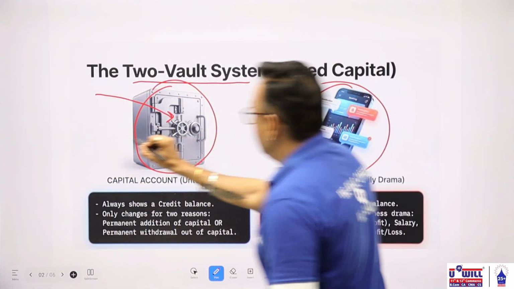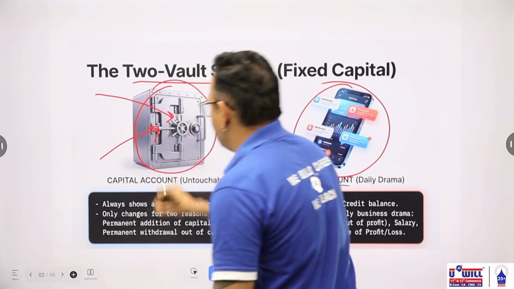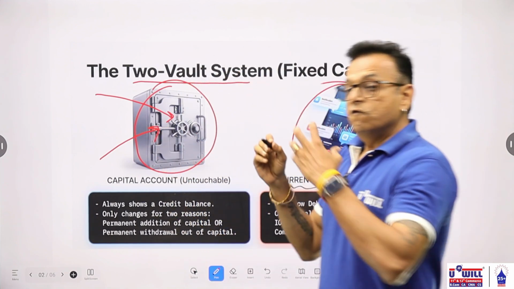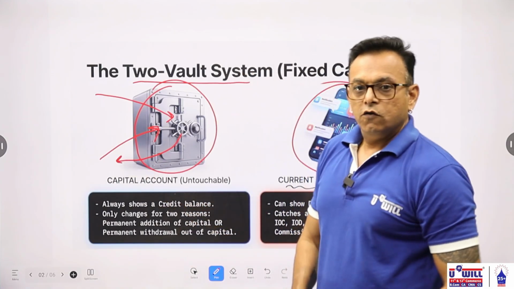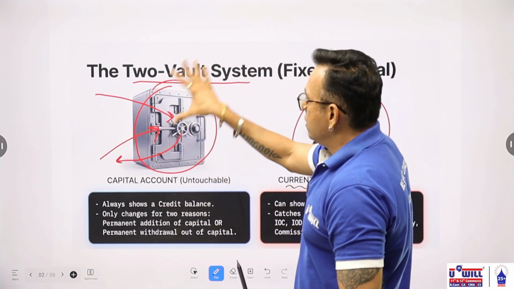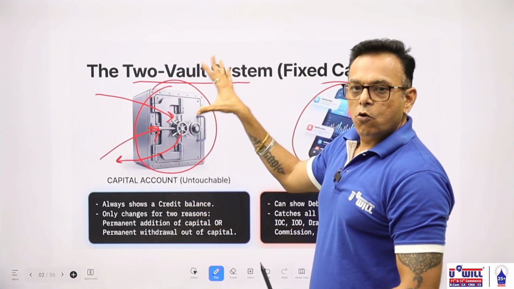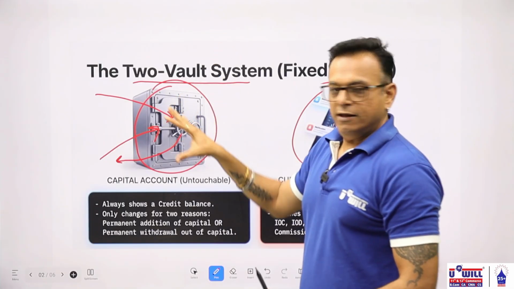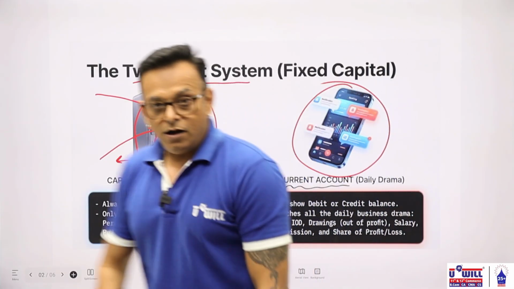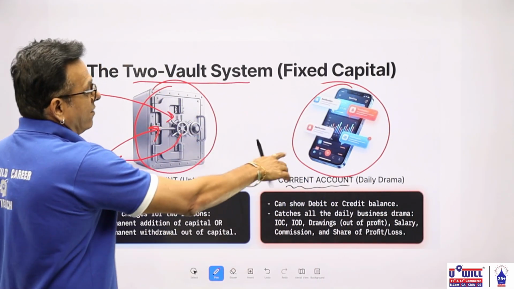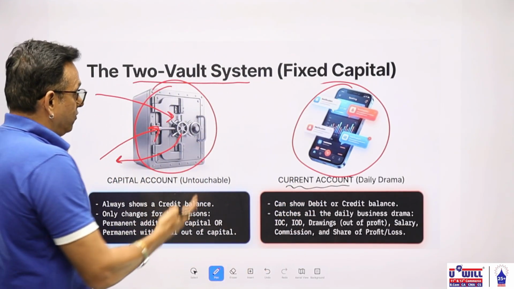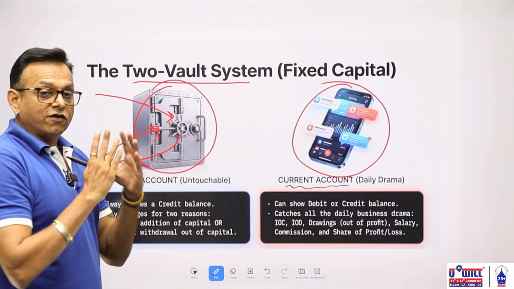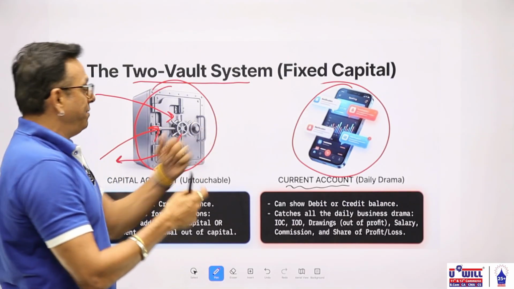At the same time, any additional capital will come over here and withdrawal of capital will be taken from here. So we will call this vault a capital account, only for capital, and apart from that, everything else will go in current account.